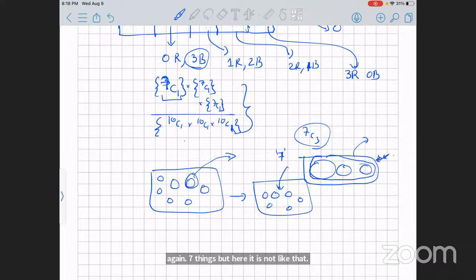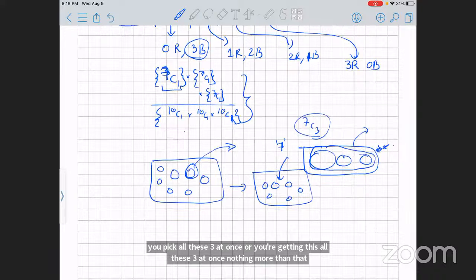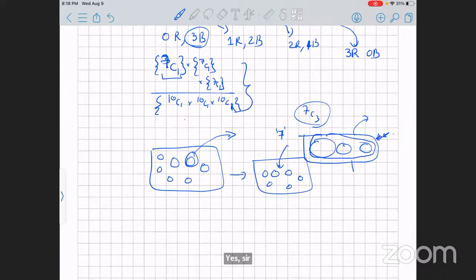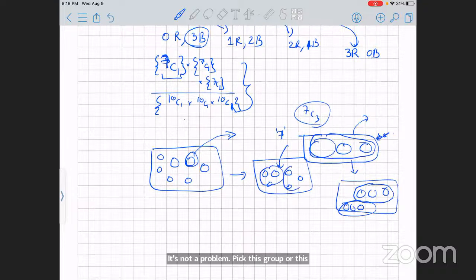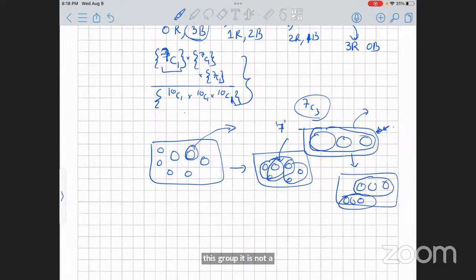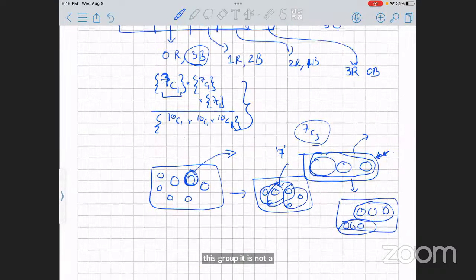Another difference is, listen carefully: pick any three, it is not a problem. Pick this group or this group, it is not a problem. But here you are selecting individually, so it has more chances.